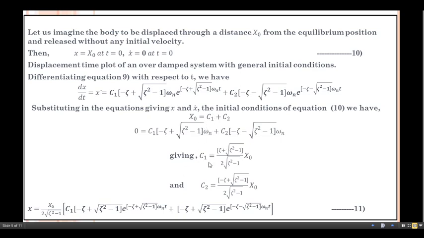So you can get the value for c1 as bracket zeta plus square root of zeta square minus 1 into x naught divided by 2 into square root of zeta square minus 1. Similarly, c2 equals bracket minus zeta plus square root of zeta square minus 1 divided by 2 into square root of zeta square minus 1 into x naught. These are the values for c1 and c2.